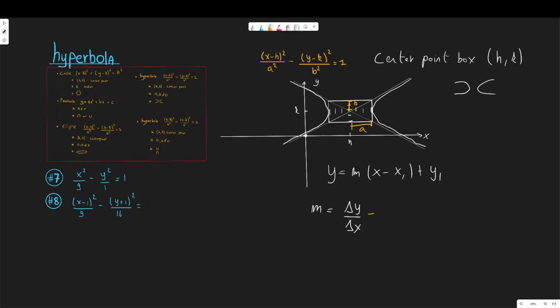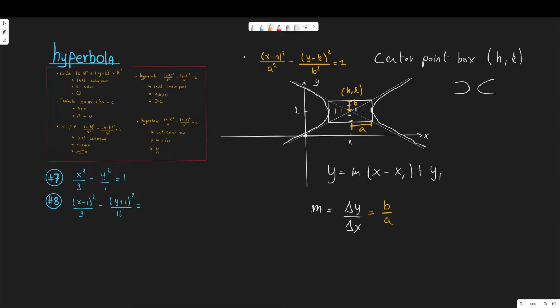So the slope will be equal to b over a. And now we have to find a coordinate that satisfies this line. Well, we know that the center point is satisfied by both straight lines, so we can take that point in our equation, and we know that that point is given by h, k for our x and y coordinate.